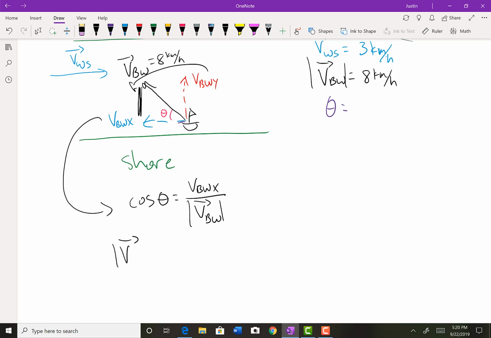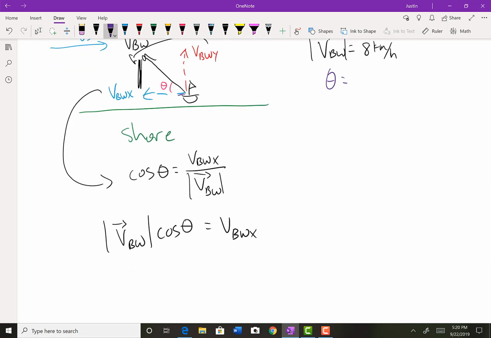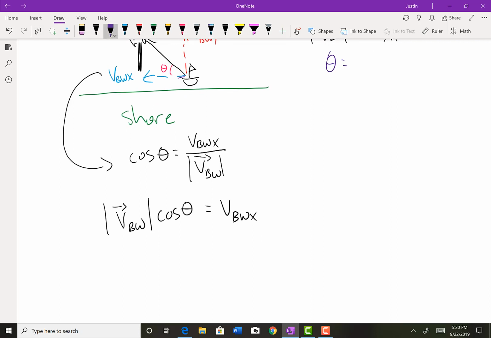Oh, I don't really need to do that. Well, let's do it just to simplify, because I know what my last steps are going to be, but it's okay. We can just do it again. VBWX. And now, let's just plug in some numbers for funsies. So I know this is 8 cosine theta equals VBWX. What do I want VBWX to be?